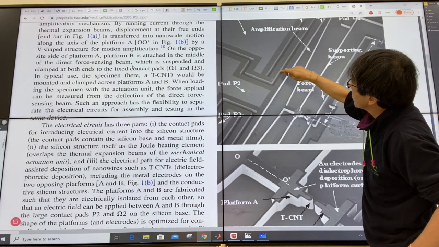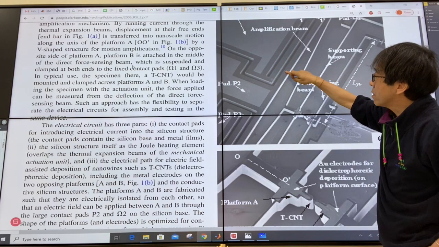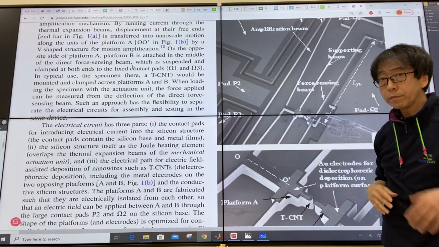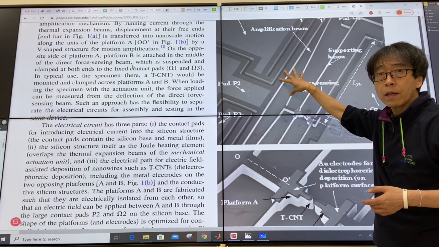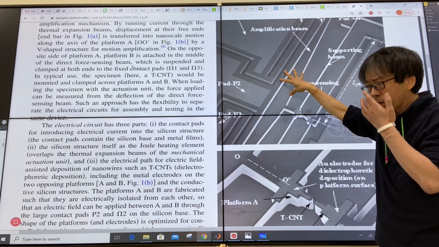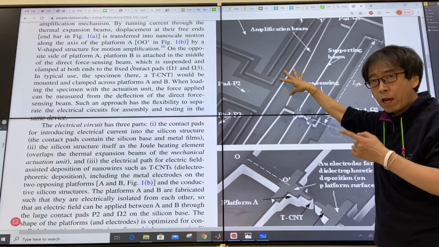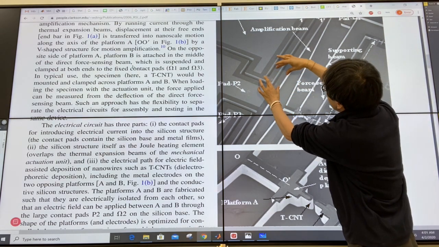And these thick bars will expand when you apply the current. Apply the current, temperature will rise, and there's a material constant, what is it called? Thermal expansion coefficient.